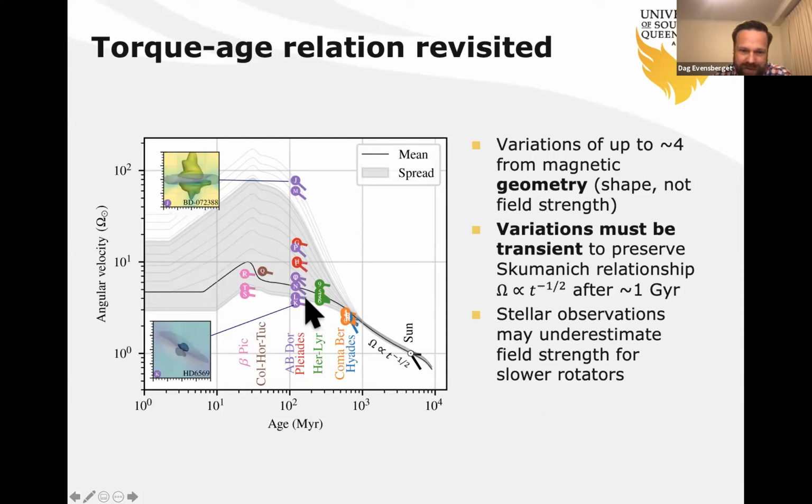You see here, for example, this N and L, they're moving in different directions. This variation, I believe, is caused by the magnetic geometry, so not so much by the field strength, but by the difference in field complexity.